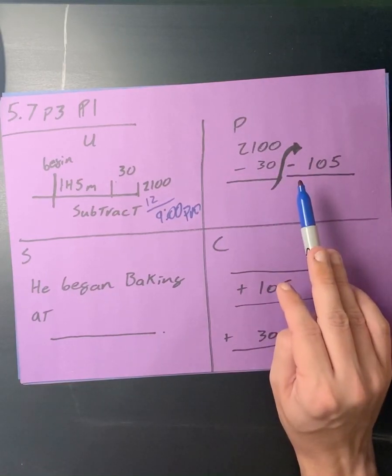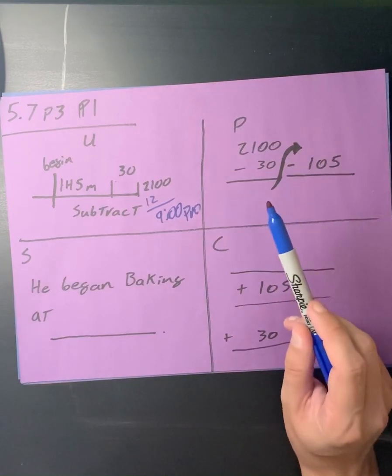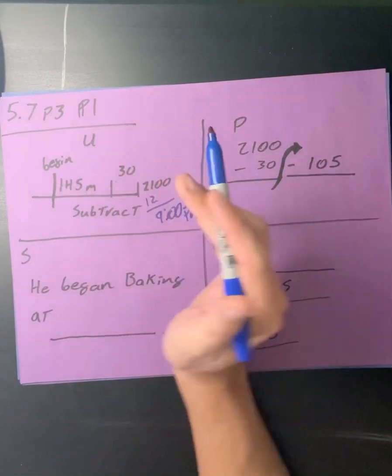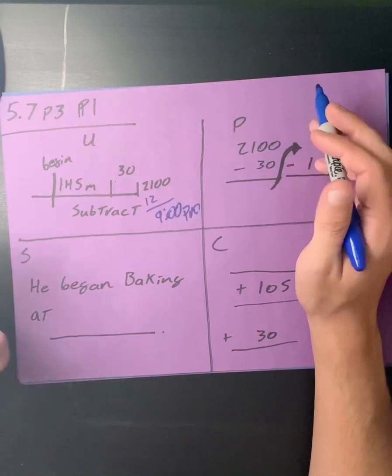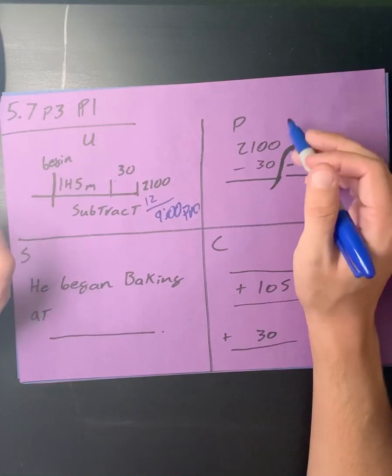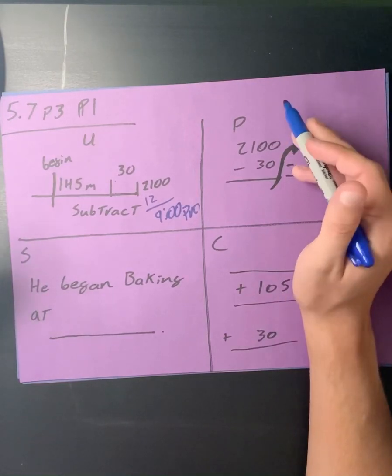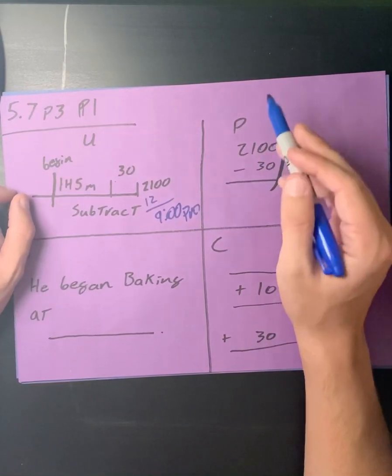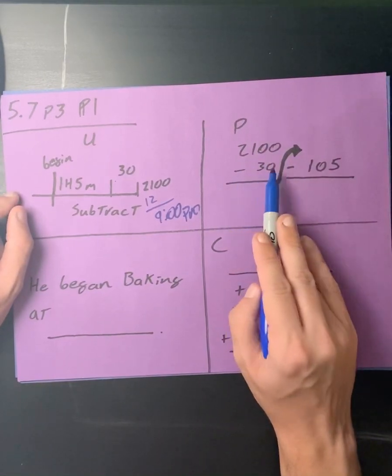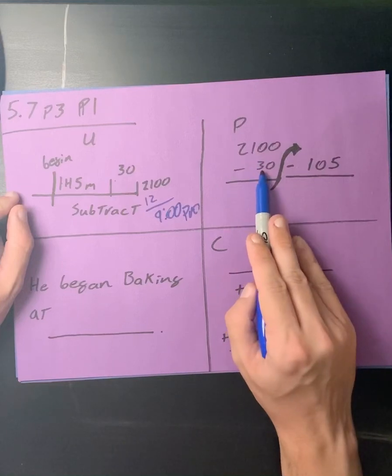So I need to subtract the time for the two activities from my end time. Now, subtracting time is a little different because unlike when we're measuring anything else that's base 10, time is base 60. There are 60 minutes per hour, not 100 minutes per hour. So when I've lined up 2100 minus 30, I'm going to need to regroup.